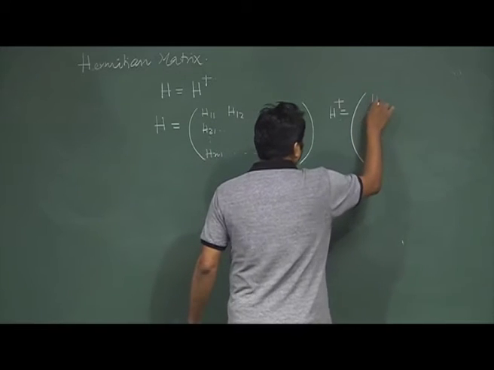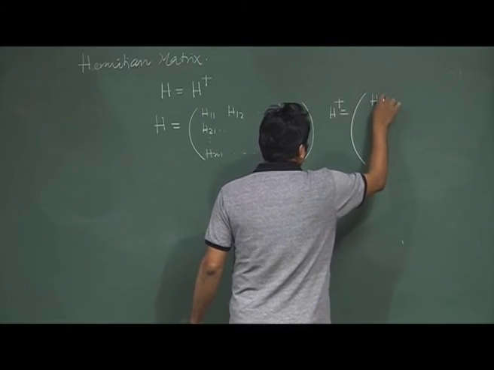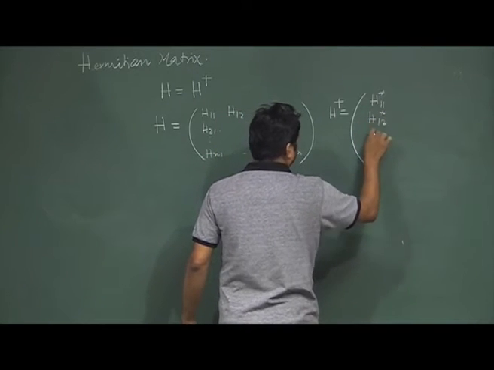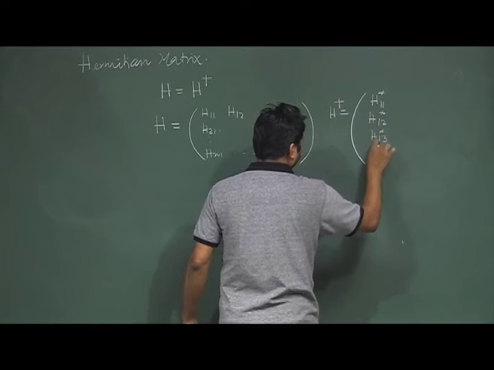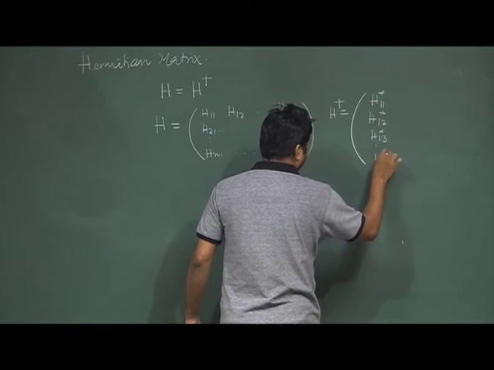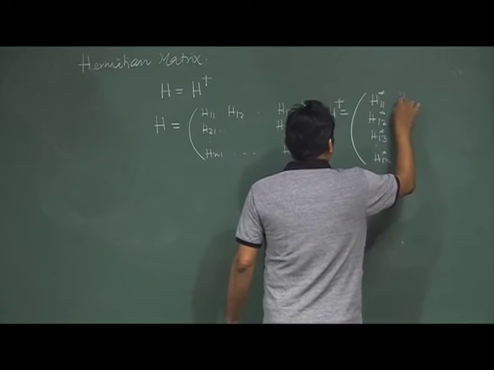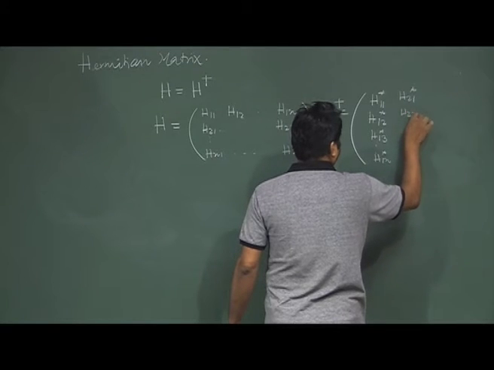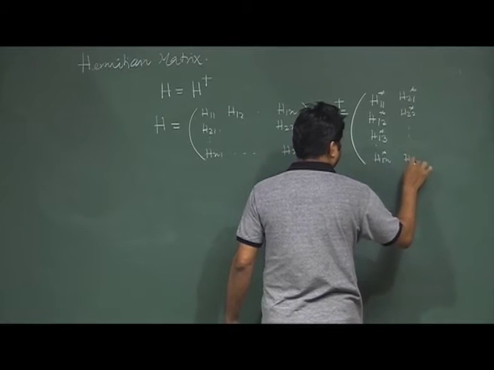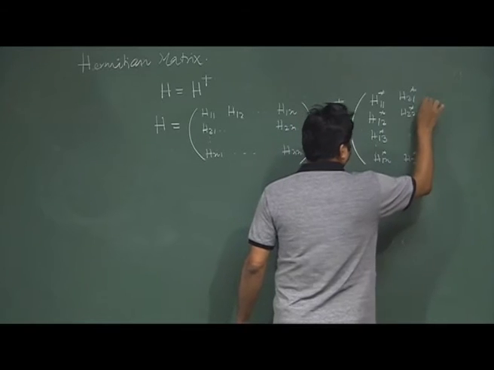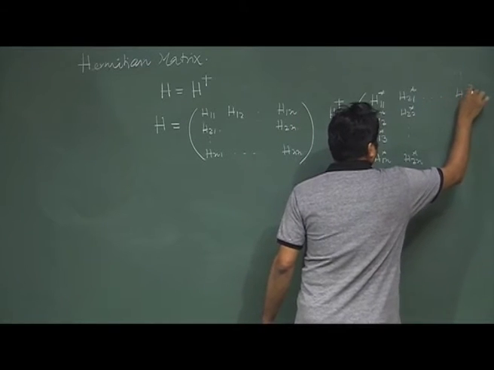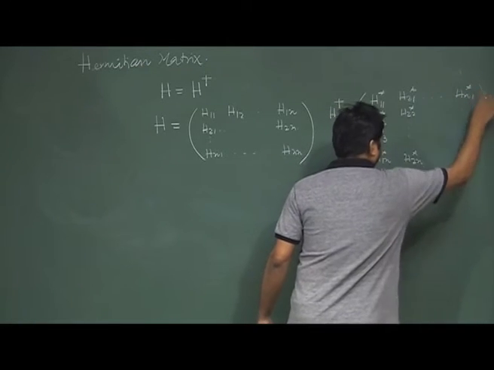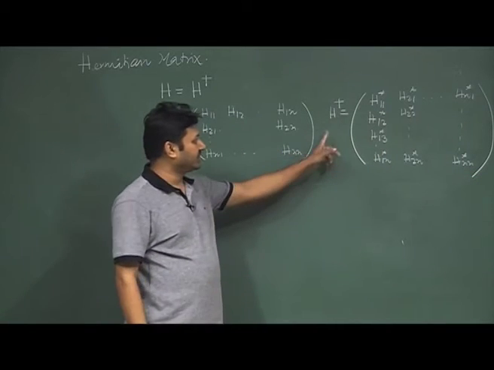If I do that, I will find H11 star, H12 star, H13 star, everything will be star, H1n star, H21 star, H22 star, H2n star, Hn1 star, Hnn star. So the structure of the Hermitian matrix is this.